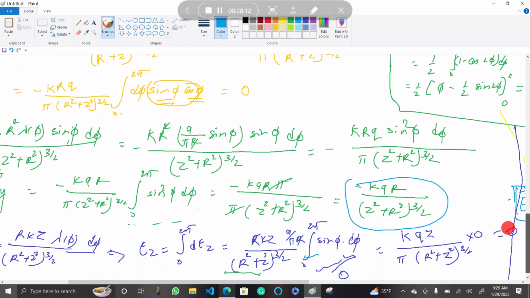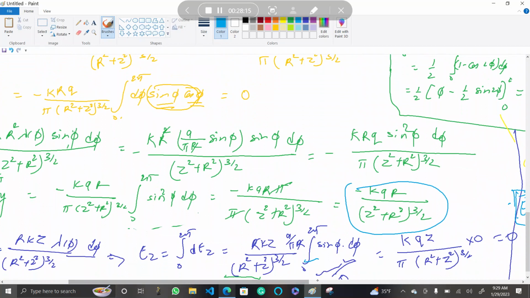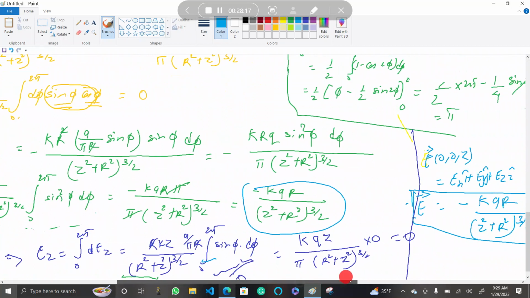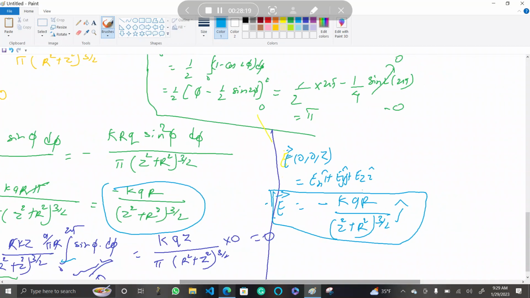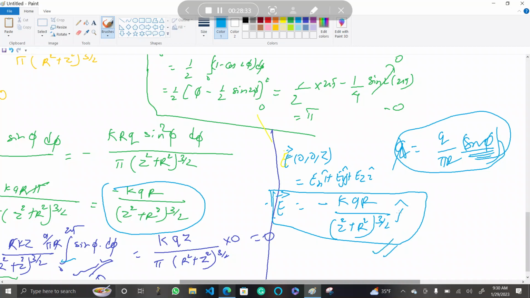And in the given non-uniform charge distribution, lambda equals q by pi r into sin phi, because of the nature of sin phi, we get only one component, and the component along the x direction becomes 0.